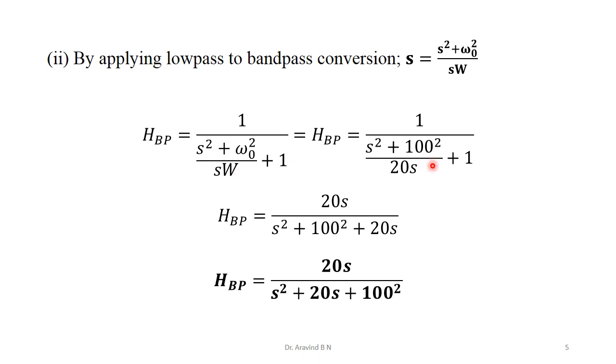Make the substitution over here, simplify this, and finally we are going to get 20S divided by S square plus 20S plus 100 square. So this is the low pass prototype given and we converted that into the band pass filter. Again, the input is the analog specification and the output is also the analog specification.